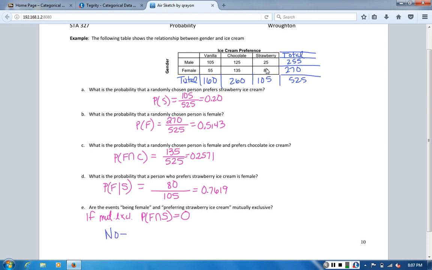No, right? We have females who preferred strawberry ice cream. So they can't be mutually exclusive.